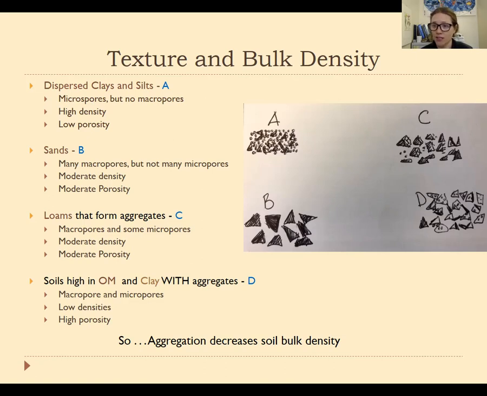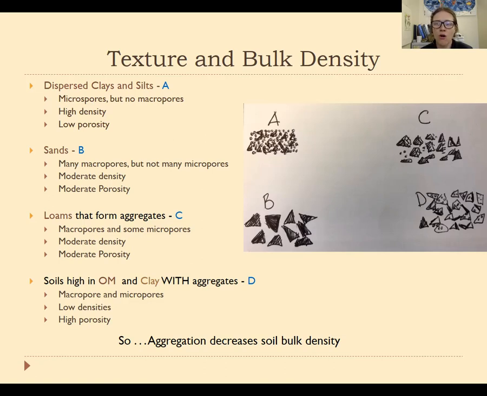At least hopefully that's what I was trying to show with my beautiful illustration here. In that case, you're going to have micropores because there are pores inside the soil aggregates, and probably more micropores than you had in C. And you're going to have really nice macropores because these bigger aggregates, like the sand in B, can't fit together very well, so there are pretty big spaces between them. So this is where you're going to get your lowest density and highest porosity soils.